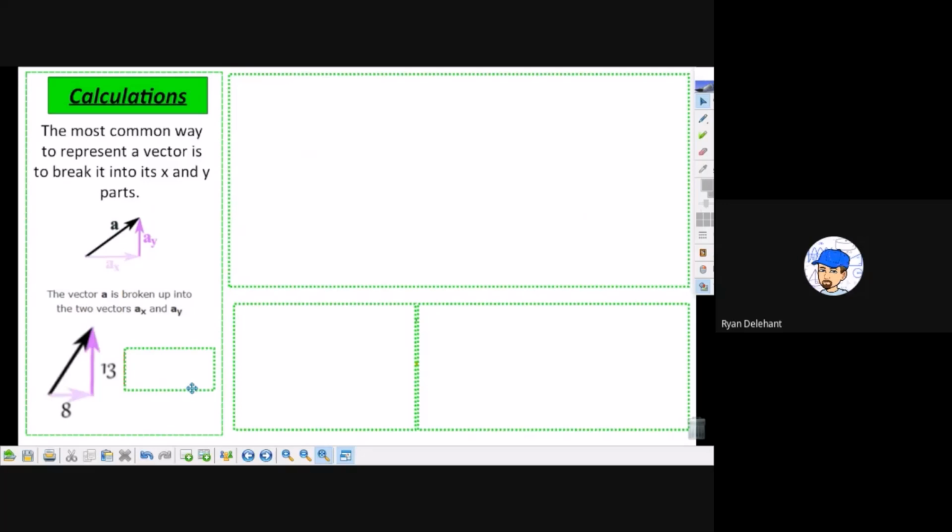Some of them use more of a squared off parentheses, but we're going to stick with this one. This is vector A, and it has an X component of 8 and a Y component of 13. So what we're doing is we're taking vector A, and I didn't write A on here. The actual vector A is the one in black. But we're going to denote A by how far it moves from its beginning to its endpoint on the X and then its Y, because then I can take those two numbers and I can represent this vector anywhere in the coordinate plane.